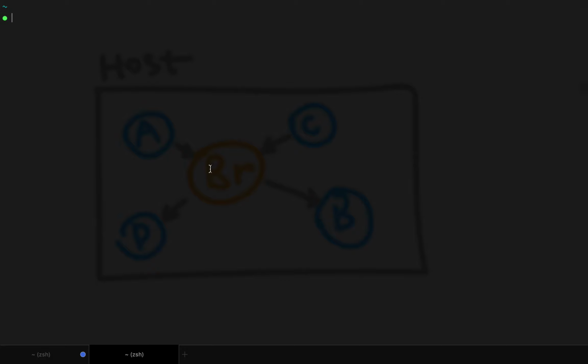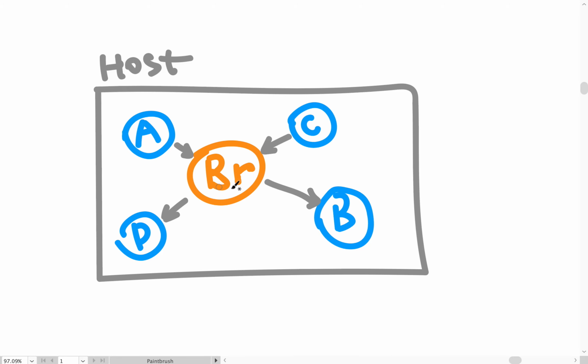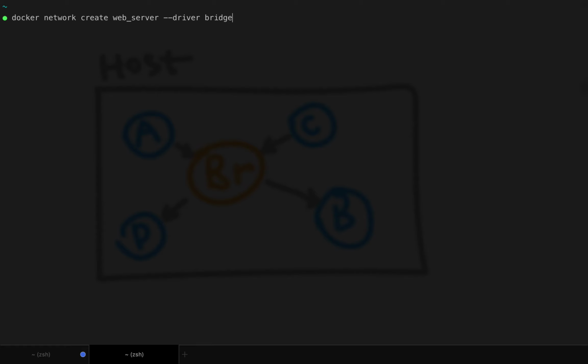So the first thing, docker network create, let's give it a name. Let's call it web server. And the type or the driver of the network is bridge. And let's run it.